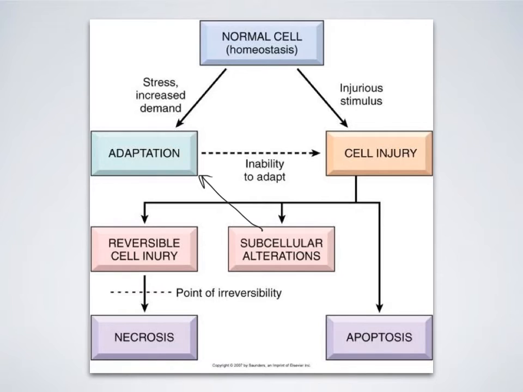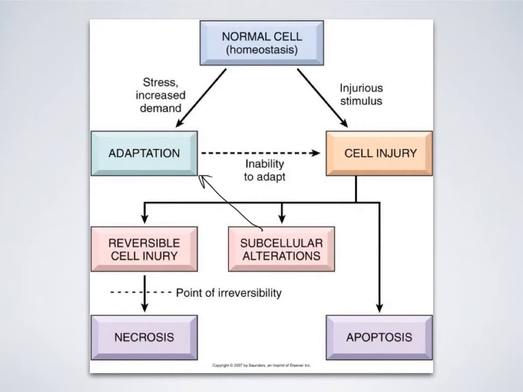Reversible cell injury are changes that are characterized by some of these alterations and by other changes. But if the injurious stimulus is removed, this cell can still go back to normal.